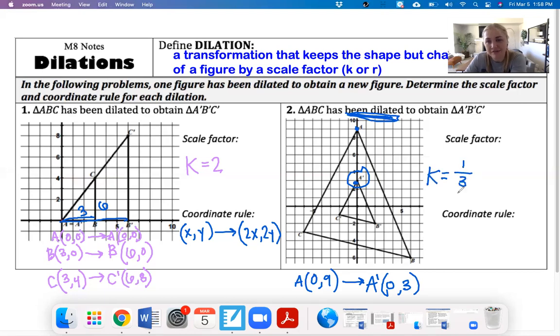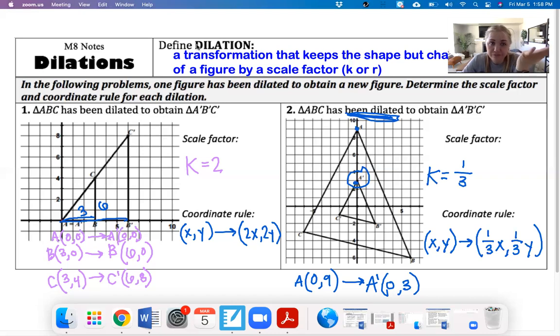Multiply by 1, divide by 3. That's how multiplying by fractions works. So our coordinate rule, we still start off with x comma y, but now the x values and the y values are multiplied by 1/3.